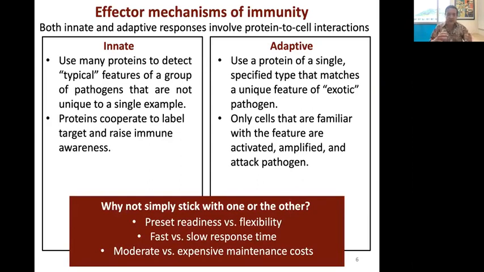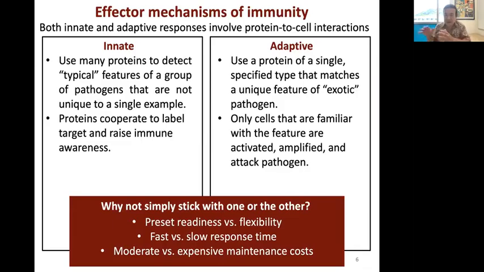So why not just stick with one or the other, right? I think I've already kind of gone over this, but I think it's worth thinking about because there are pros and cons to each. The preset readiness of the innate immune system is good because it's fast, right? And it's very moderate to maintain in terms of the cost of our body's resources.